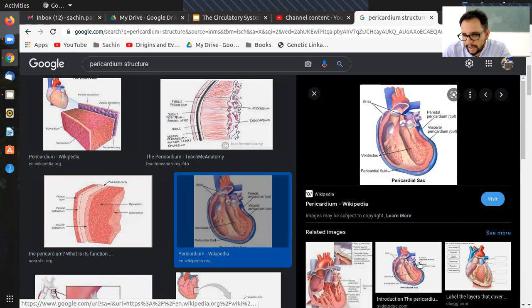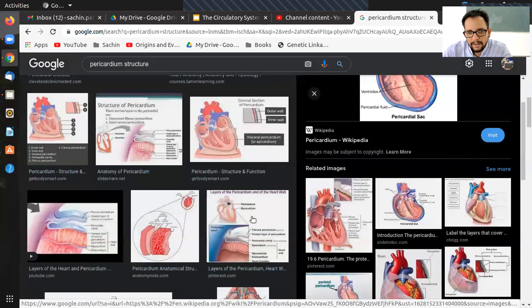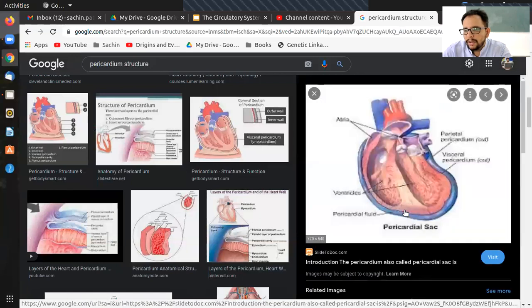This one is a better diagram. This orange or reddish part is your heart, and the blue sac-like structure being shown is the pericardial sac, also called the pericardium.